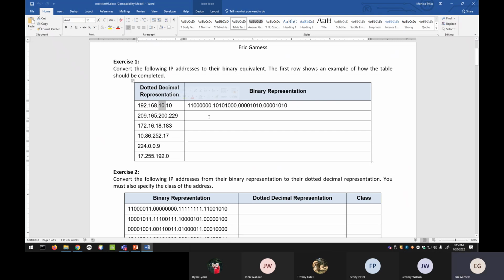This 10 is 8 plus 2, and this 10 is 8 plus 2. Okay?